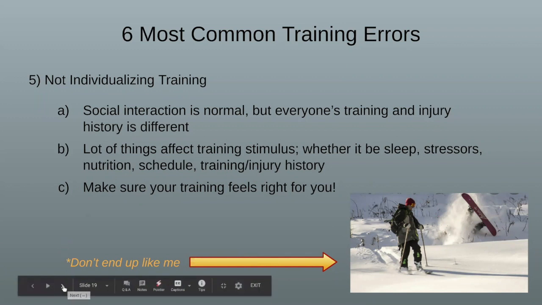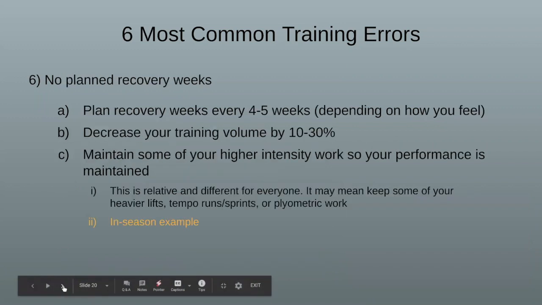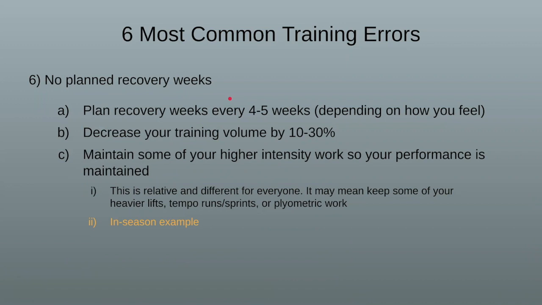So number 6, the last of the most common training errors, is just no planned recovery weeks or inadequate recovery. I try to encourage people, if they have a plan that's longer than a month, that every 4 to 5 weeks, if you're an endurance athlete, and this is kind of dependent on how you feel, you should plan some sort of recovery week.